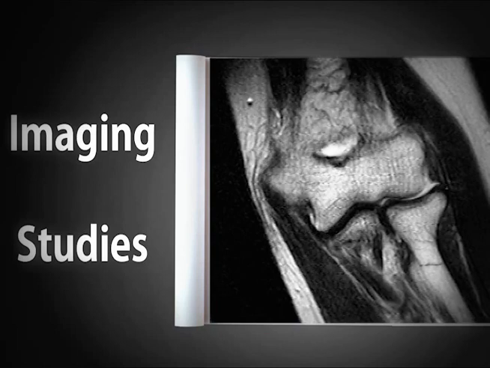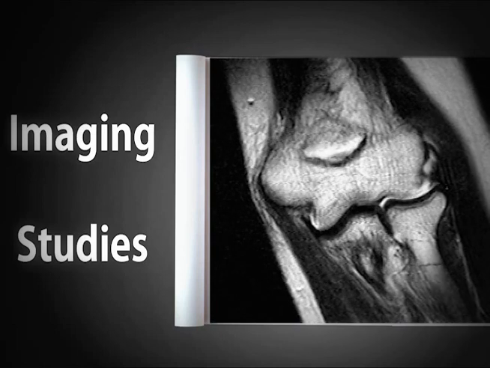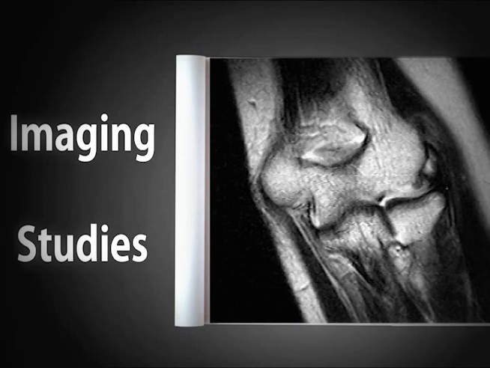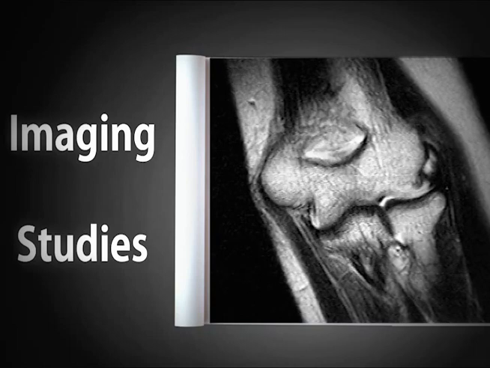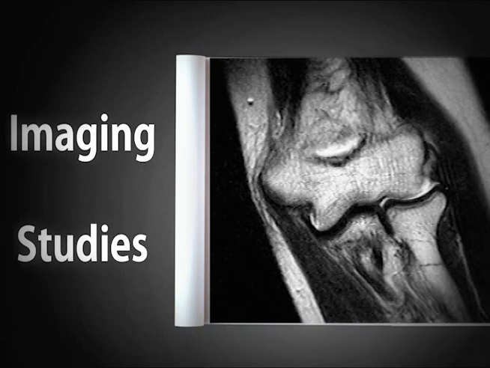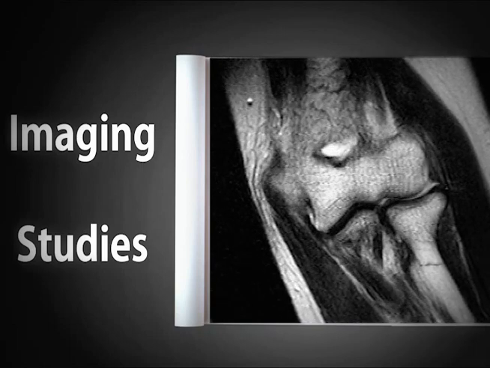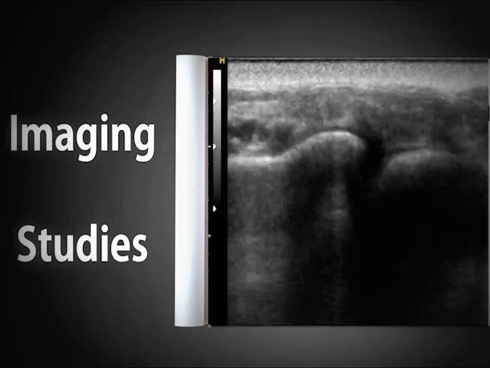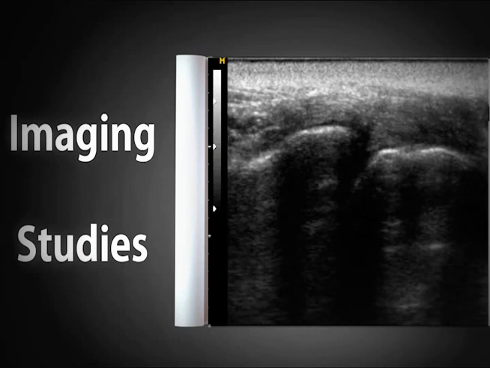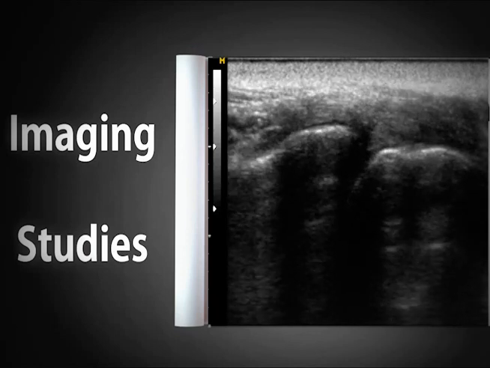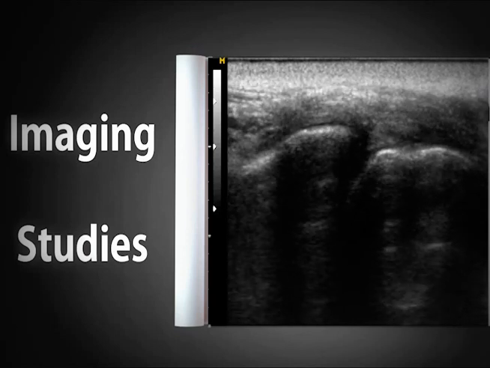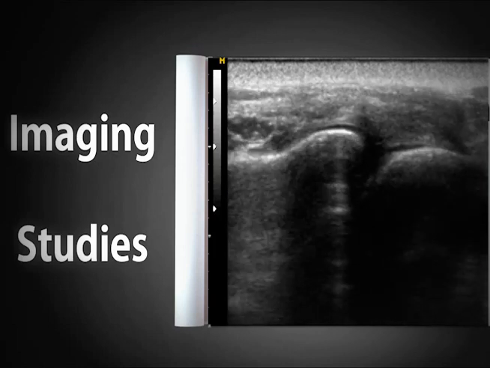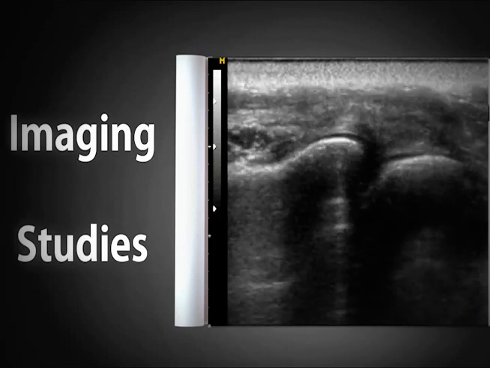The MRI study provides excellent information on both intra-articular pathology and tendon integrity. Ultrasound examination is a useful test for detecting elbow problems and provides dynamic real-time data.